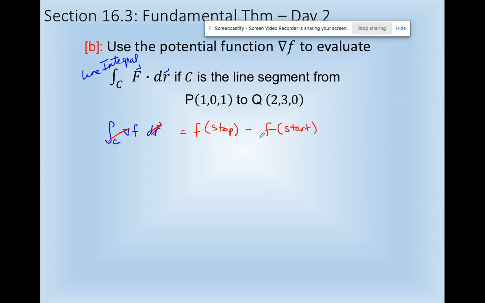Well, what's my stop and start? So our f from the previous slide was x squared plus xy squared z plus c, but again, because c is just a constant, I'd have a plus c with each one of these, but then I would subtract it, so I don't need to write it down.